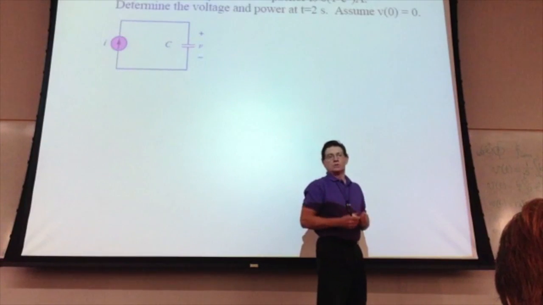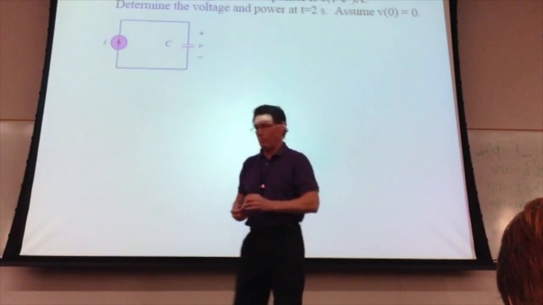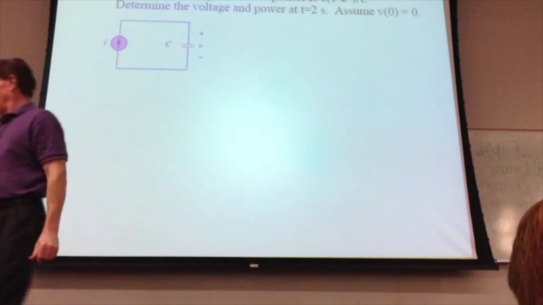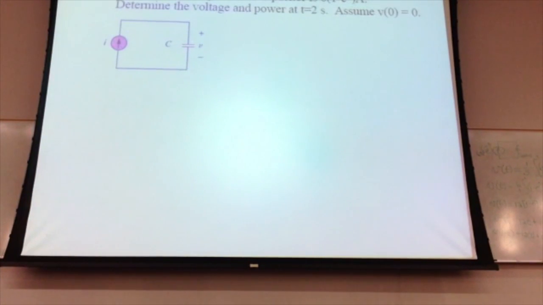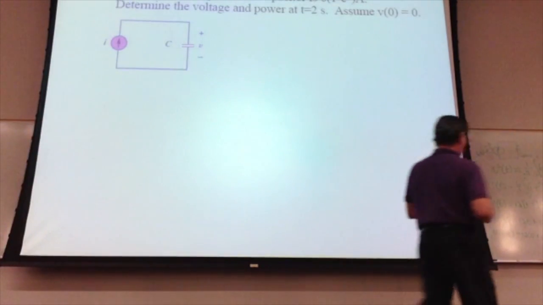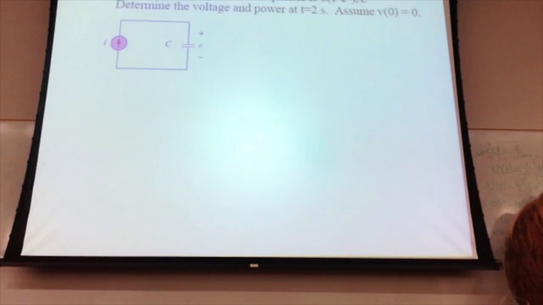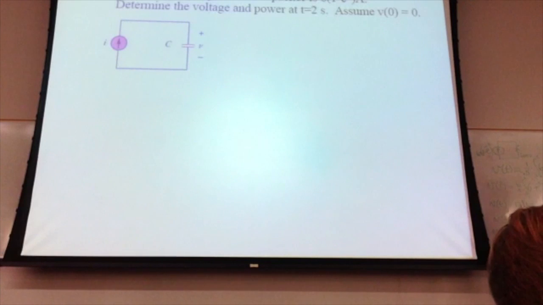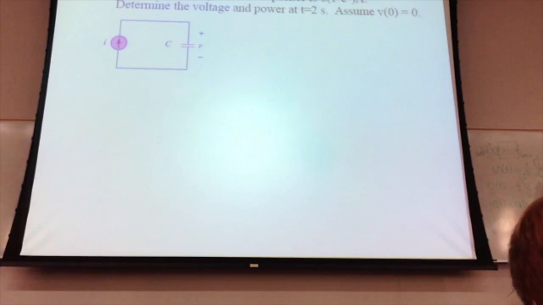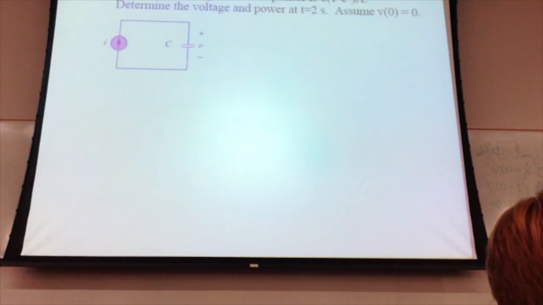I need a number. Can somebody help me out here? The whole thing? 13.624? All right. We'll go with 13.62. Now, since I of t is equal to 6 times 1 minus e to the minus t, we're going to do this.